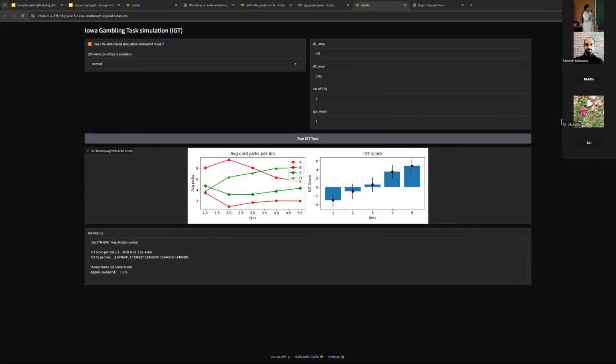Can you see that the IGT scores are now positive when you run it with the normal condition?